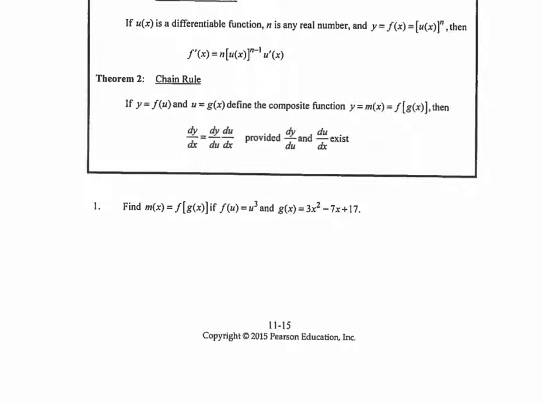Instead of saying f of x, they're just going to call it a u here. So here's the idea. We're going to find f of, and we're going to put everything that g of x is in place of where the x would go. So g of x is 3x squared minus 7x plus 17. So far, does that make sense?